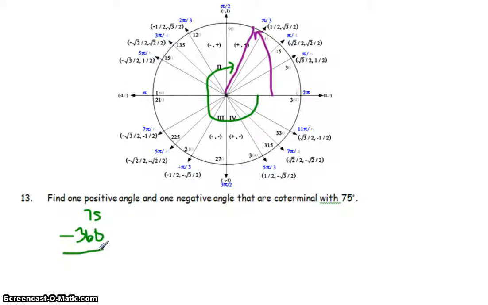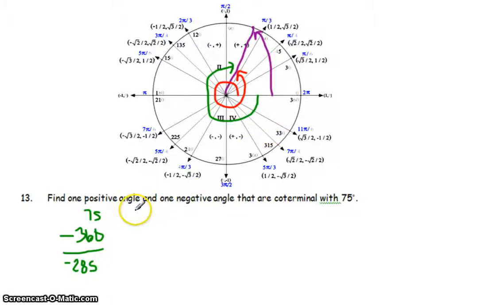When I subtract 360, I get negative 285. The way to double check is that 285 plus 75 gives me my 360 all the way around the circle. Then the other way to do it, we've gone backwards, is to go around the circle more than once and then stop at the same coterminal side.